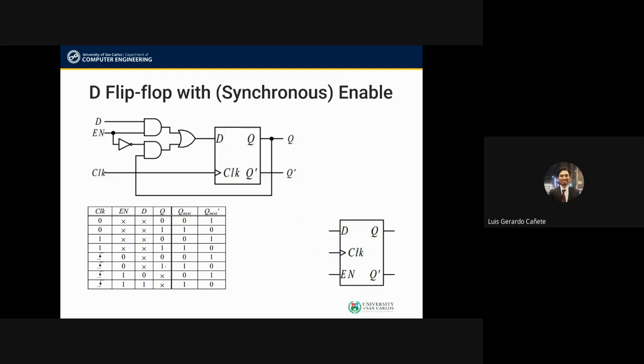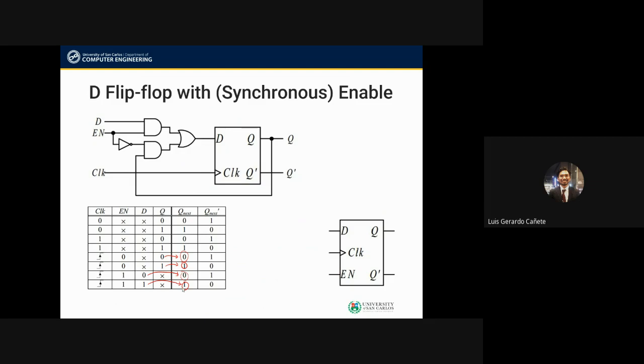So it's like saying that as long as enable is equal to 0, the flip-flop will just maintain its state. So when it's 0, notice that the next value just copies this. But when it's 1, the next value copies the value of D. Okay? So it's just a second layer of enables.